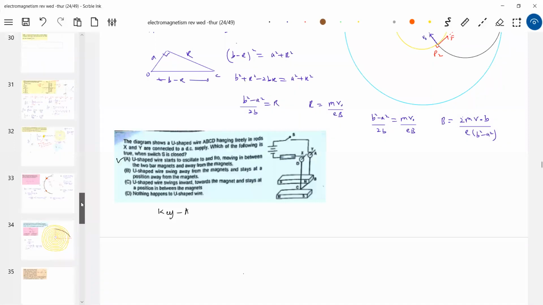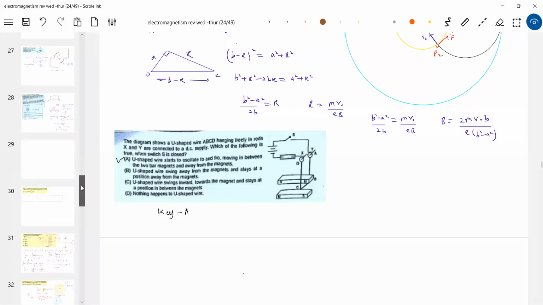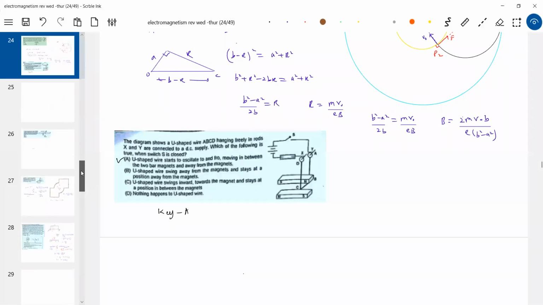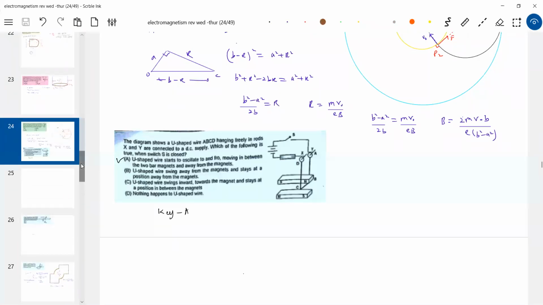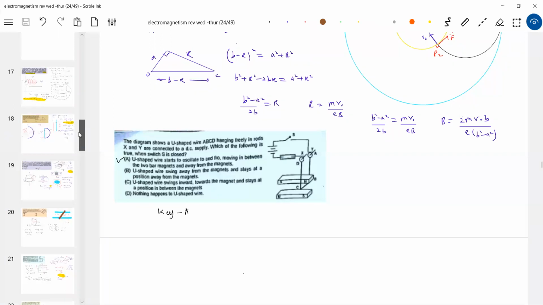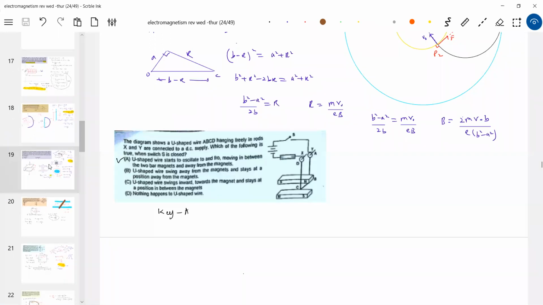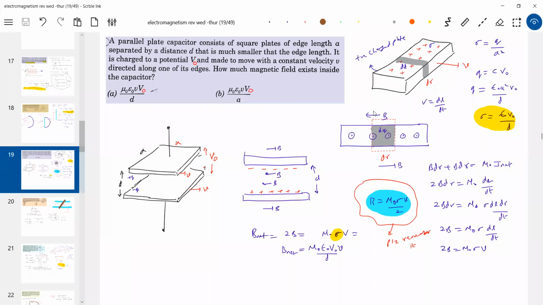Mu naught sigma v. Okay, fine now. What should be your formula? Mu naught sigma V by 2, no? So the magnetic field should be that.